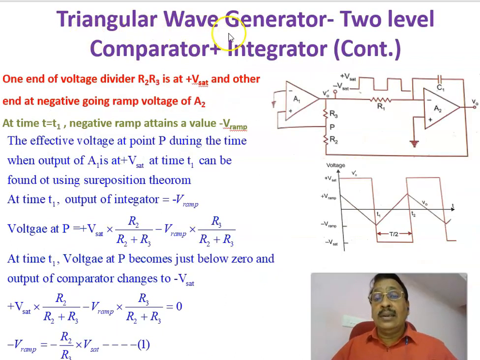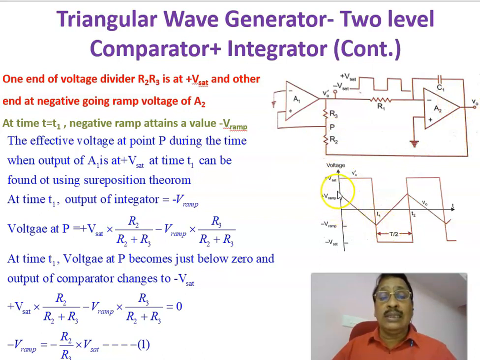Continuing with the triangular wave generator using a two-level comparator plus integrator. Now, one end of the voltage divider formed by R2 and R3 will be plus Vsat, because we are assuming that first the output is equal to plus Vsat. At the same time, the other end is changing.